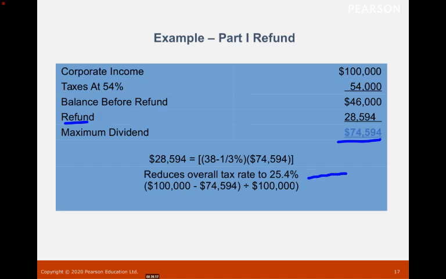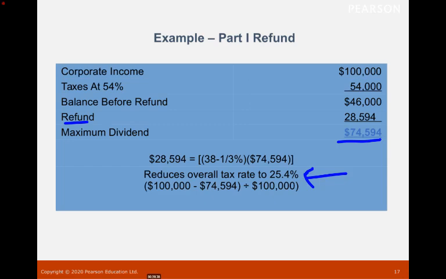So basically, at the end of the day, if we flush out, meaning pay all of that investment income out to the shareholders, then this reduces the overall tax rate in this scenario here to 25.4%.